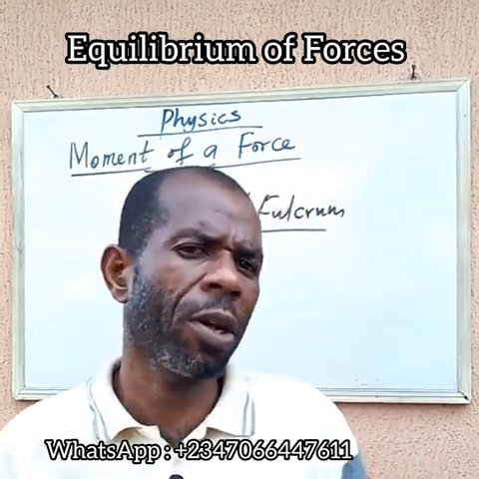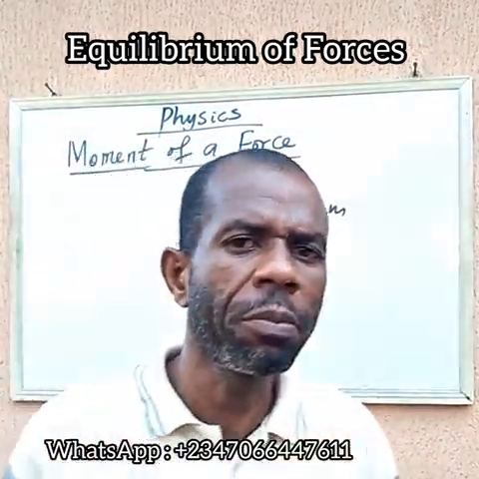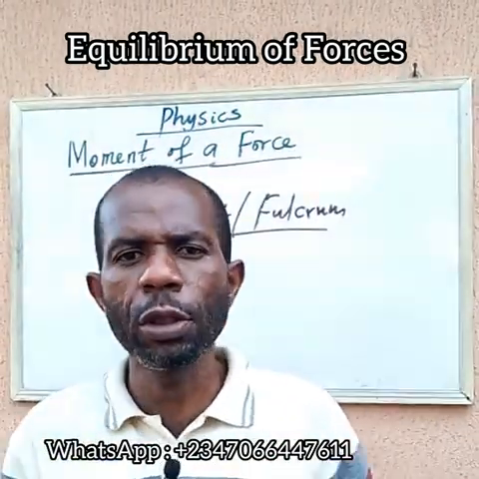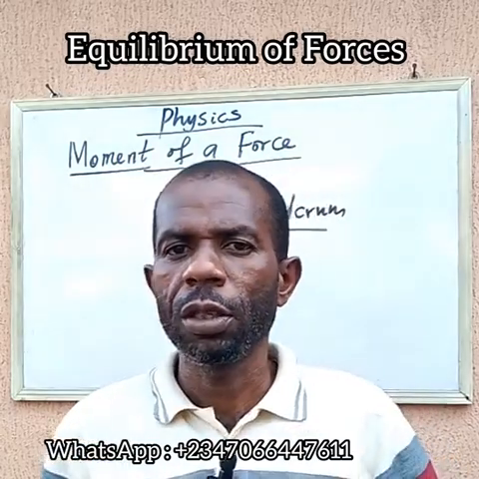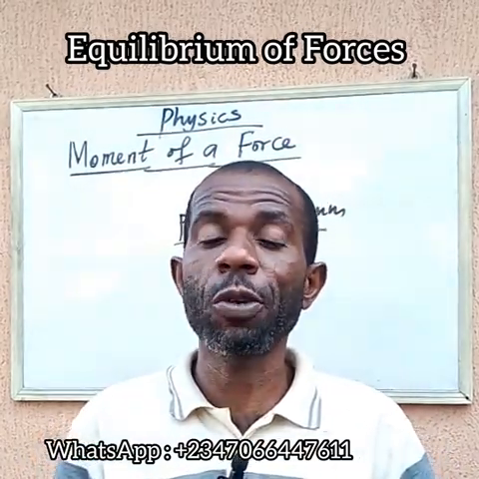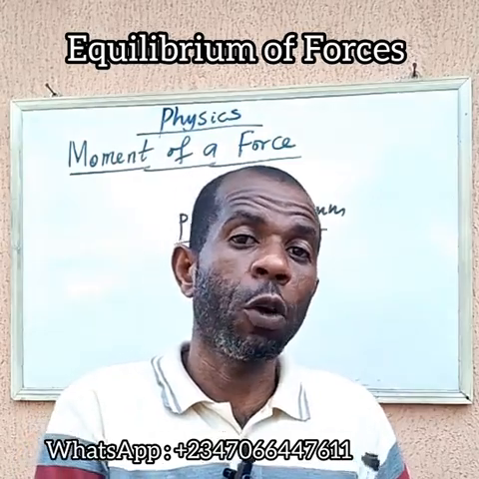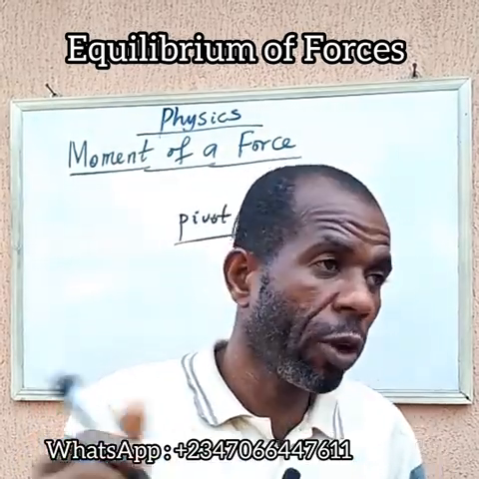Now, what are we trying to say about moment? To get the magnitude of the moment of a force, the magnitude is the product of the force and the perpendicular distance from the line of action of that force to that point. Look at it now.